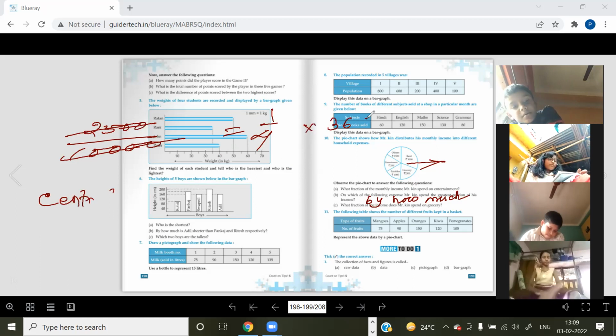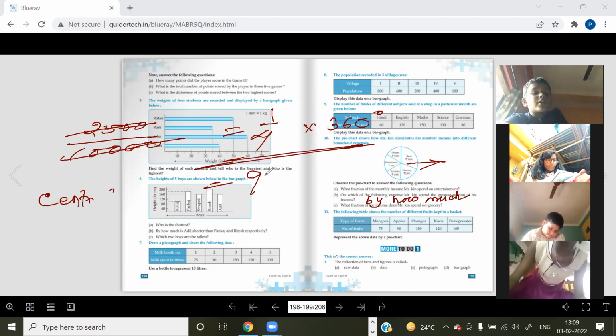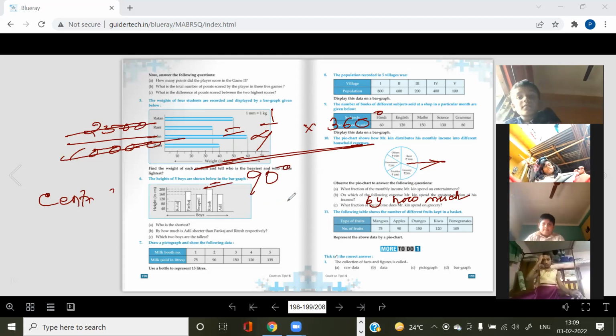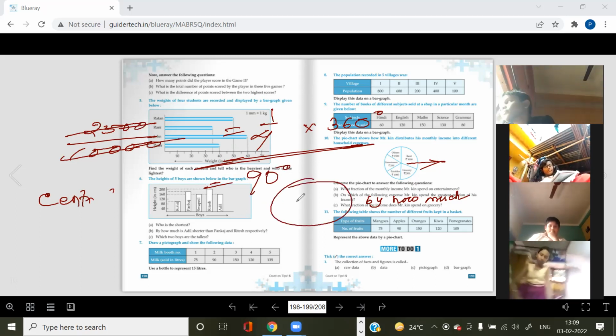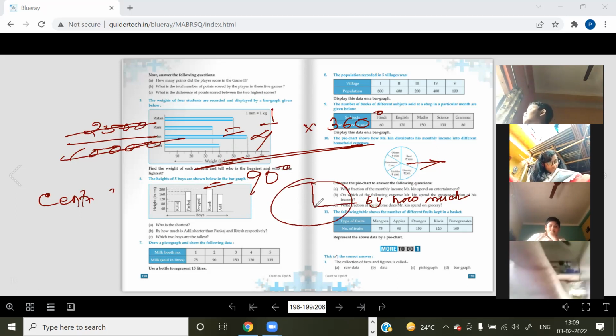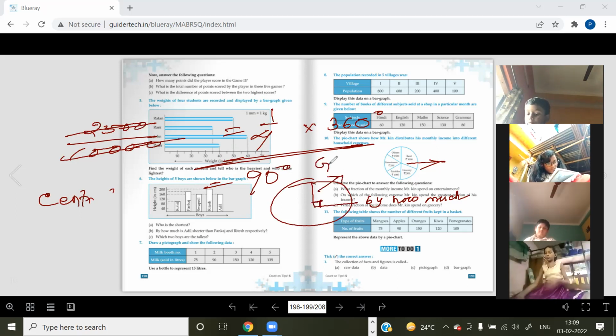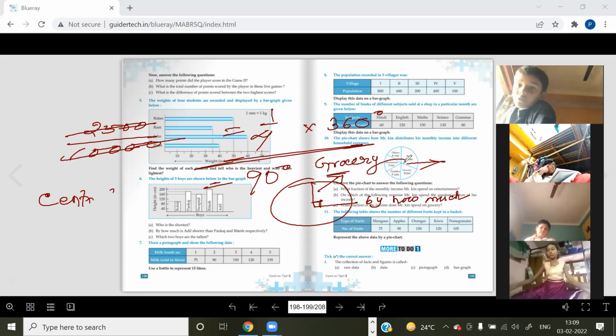Tell me the answer. 90 degrees, exactly. That means when we draw in the pie chart, this will be the space for grocery, 90 degrees. Understood? It will be a right angle. Exactly.